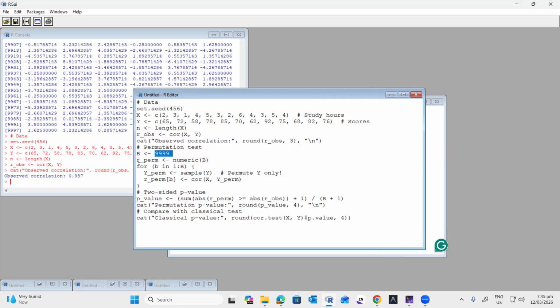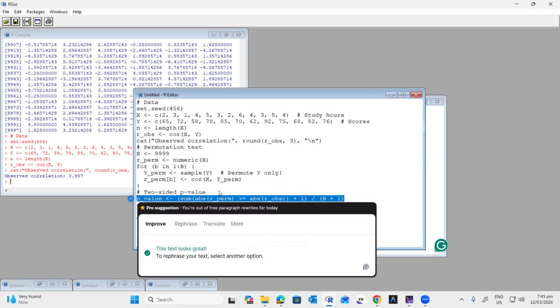We introduce R underscore permutation as a null numeric vector of size capital B. Then we apply the for loop where we generate a random sample of Y, because we only permute Y and the other stays the same. We store the correlation between X and permuted Y in R permutation, and then calculate the P value as we did earlier.